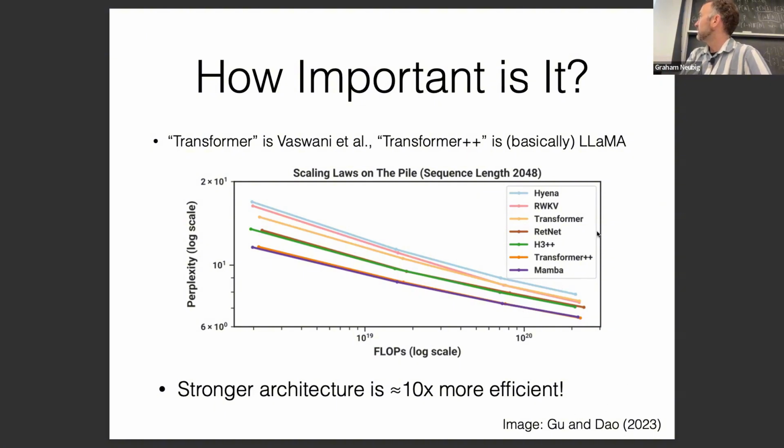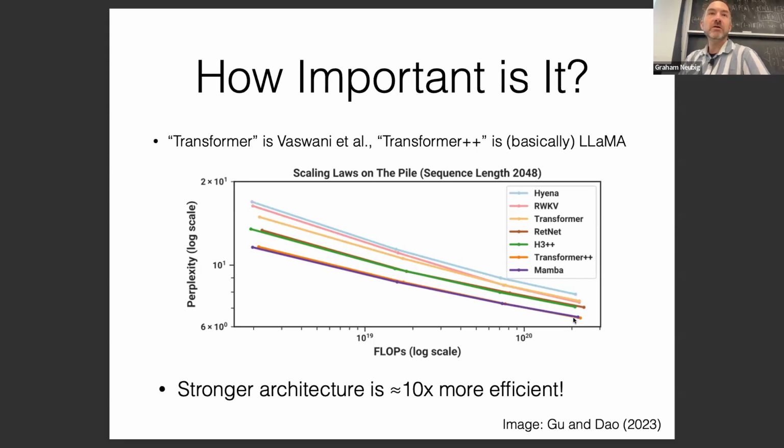But the one interesting thing from this figure is not the Mamba comparison, but the transformer versus transformer plus plus comparison. The transformer is basically the original Vaswani et al. transformer from 2017. The orange transformer plus plus is basically LLaMa.